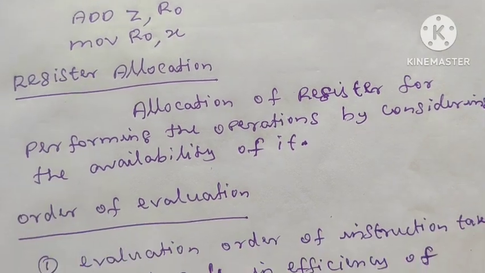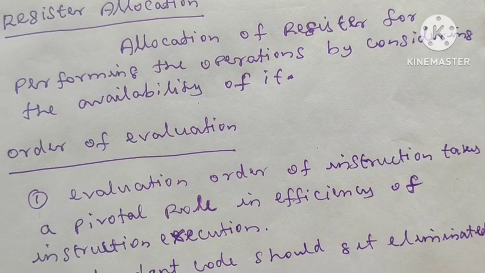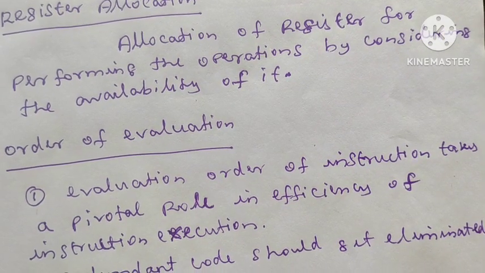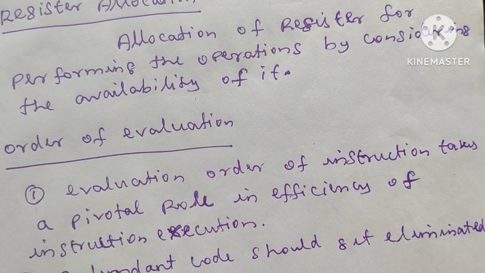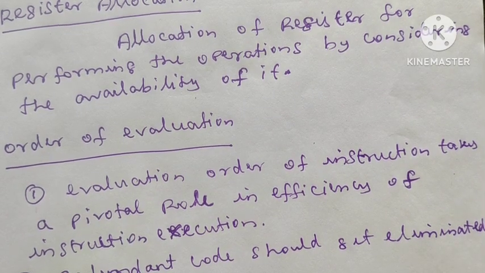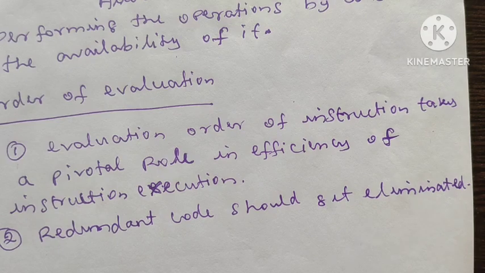The last one is called order of evaluation. If we want to perform an efficient operation, then the order of evaluation of instructions is very important. While we evaluate the order of instructions, we should eliminate repetitive or redundant statements. Redundant code should not be there.